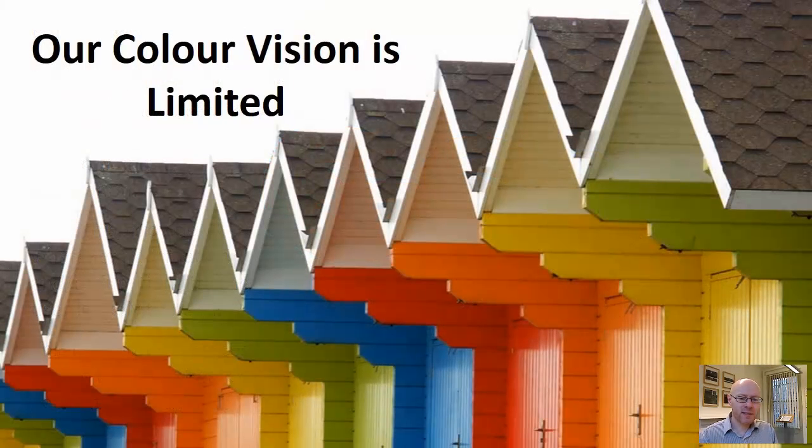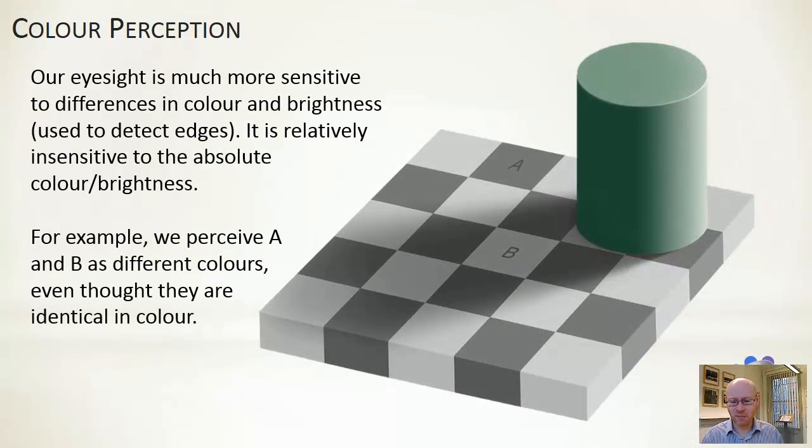I'm going to have a look at colours now. Our colour vision is actually limited. Yes, we can see a wide spectrum of colours, but there are a number of characteristics about how we tend to perceive those. Looking at this one, that's actually one of my favourite images.